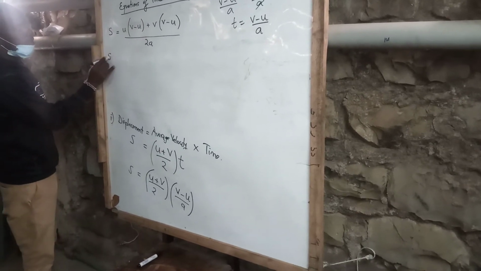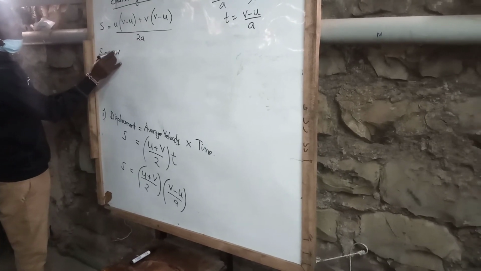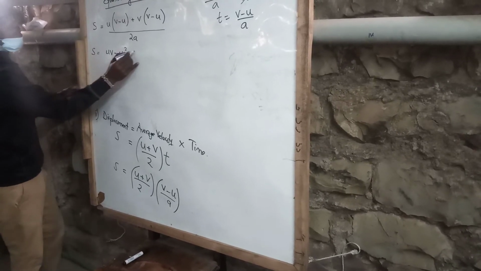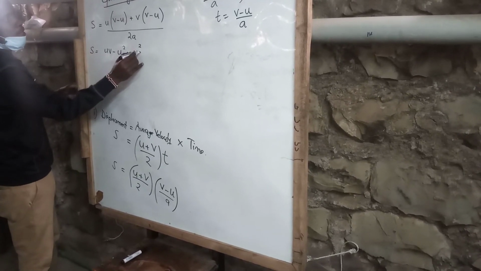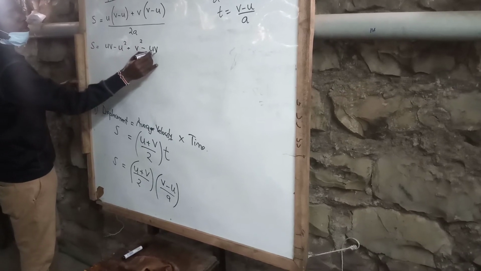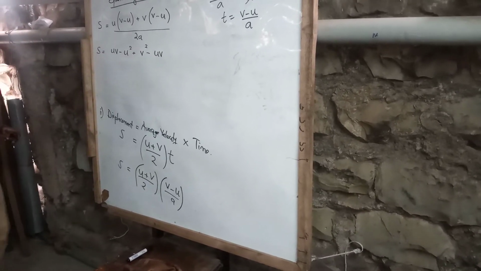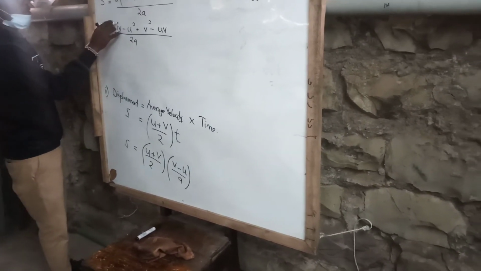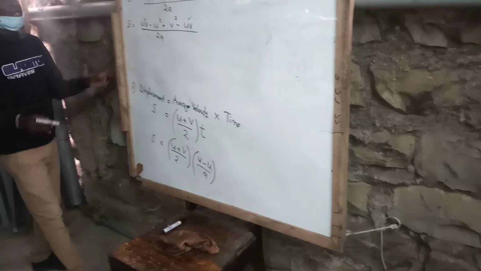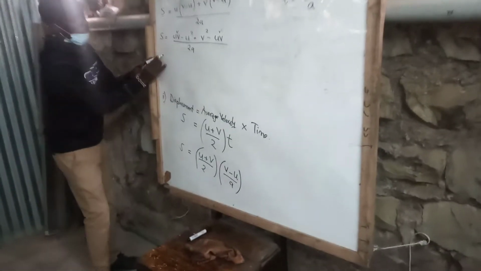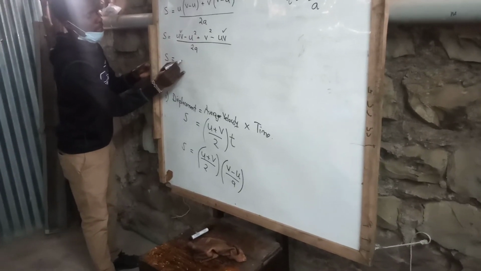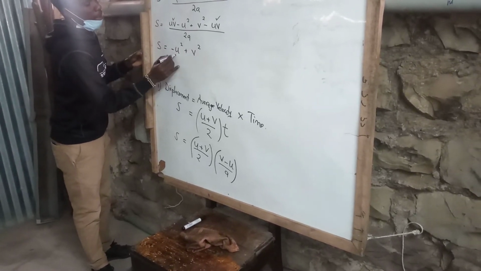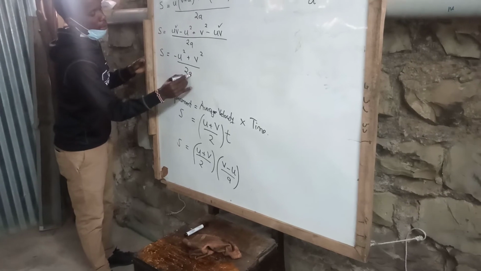That means s will be uv minus u squared plus v squared minus uv, divided by 2a. I think you can see that this uv will cancel with the other one, and therefore s remains negative u squared plus v squared divided by 2a.